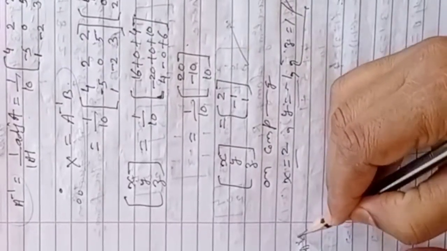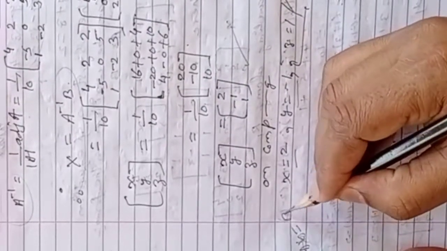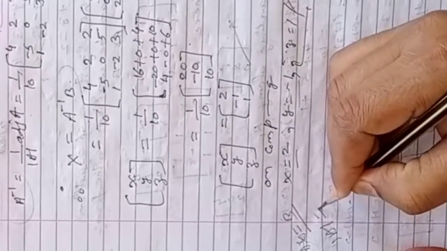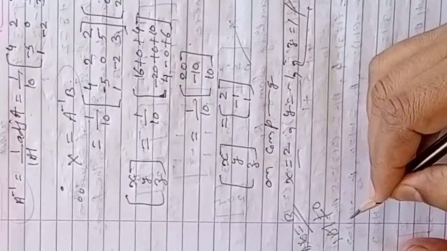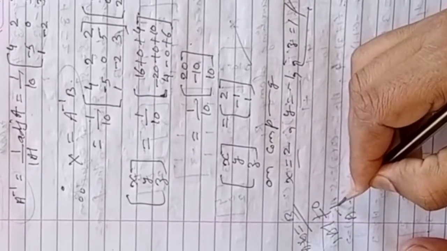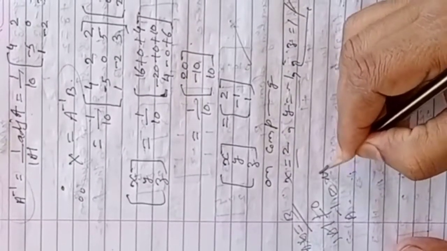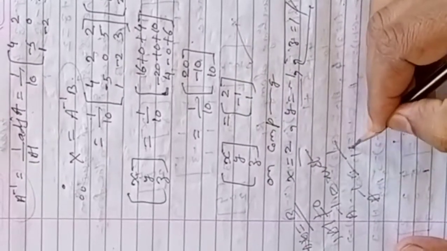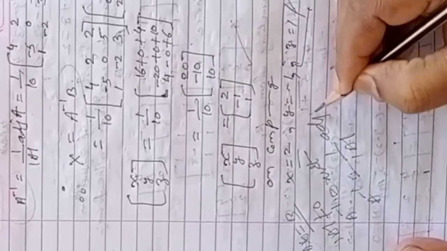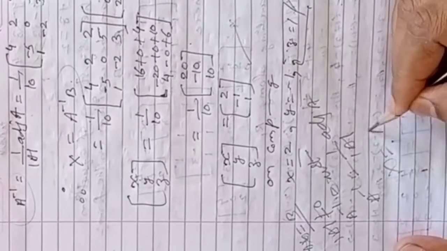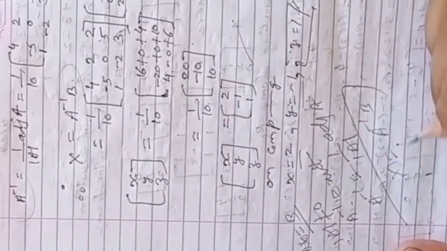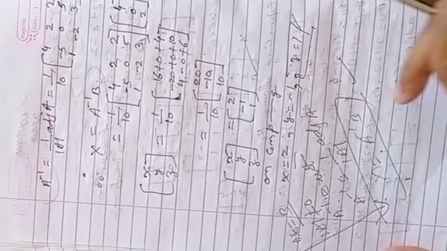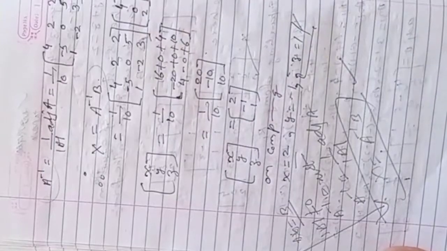First of all, we write the equation in the form AX is equal to B. Then we find its determinant A. If it is not equal to 0, it is a non-singular matrix and its A inverse exists. Then we find its A inverse from this formula. Then we apply X is equal to A inverse into B, and on comparing, the answer is coming. These are the 5 steps. With their help, you can do this question very easily.